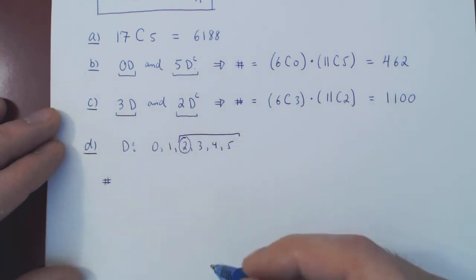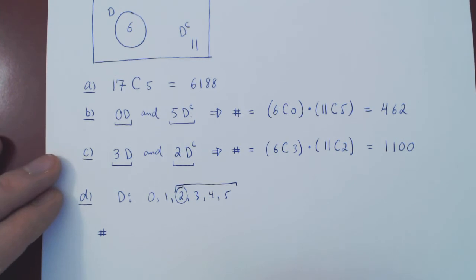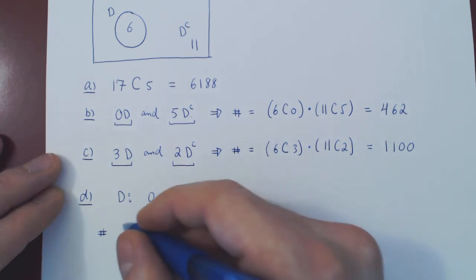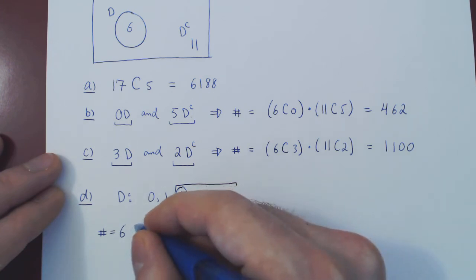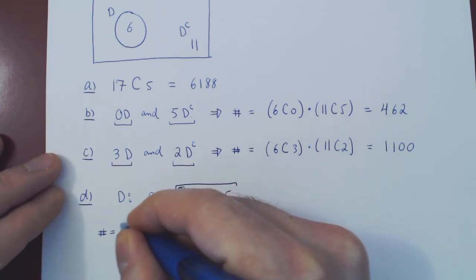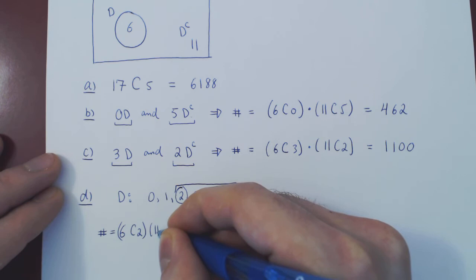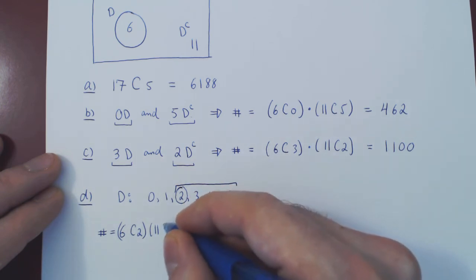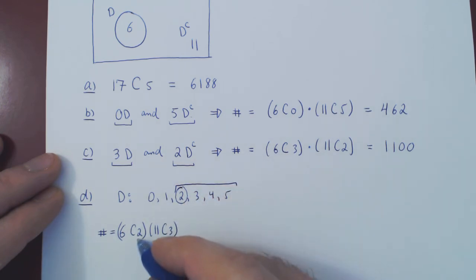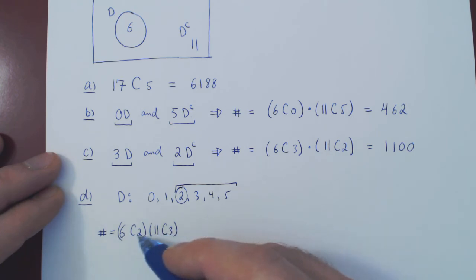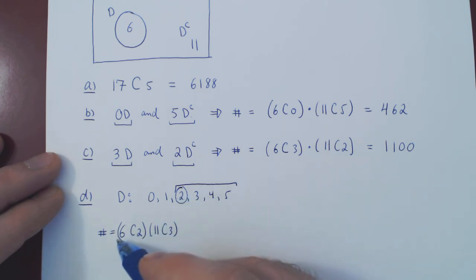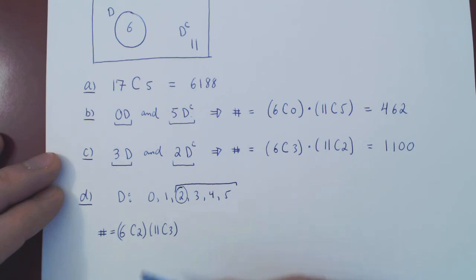Remember there are 6 defective watches, so out of the 6 defective watches, we are choosing 2, which means that out of the 11 non-defective, we are choosing the remaining 3, as in total, there must be 5 watches in our hand. So this is the total number of ways of choosing exactly 2 defective watches, and therefore 3 non-defective watches.